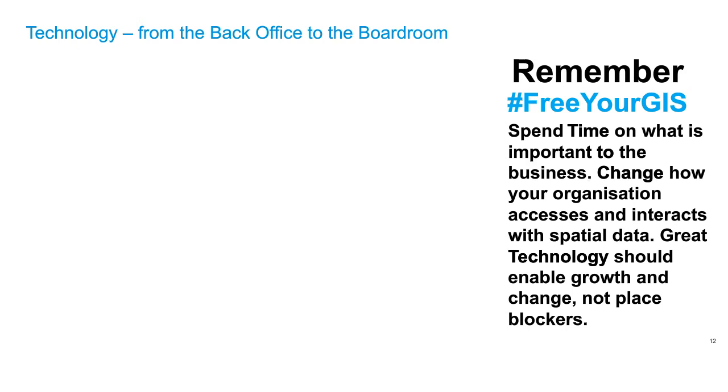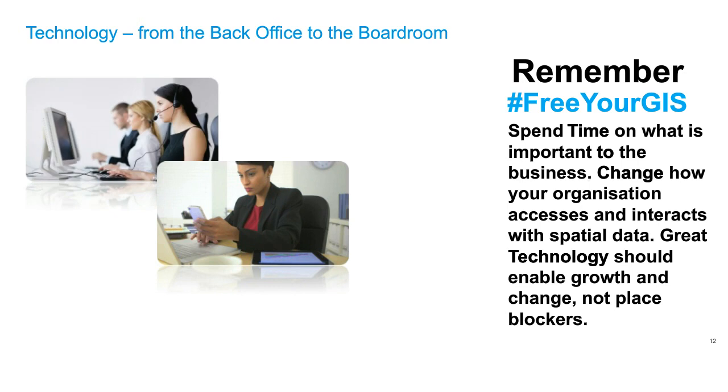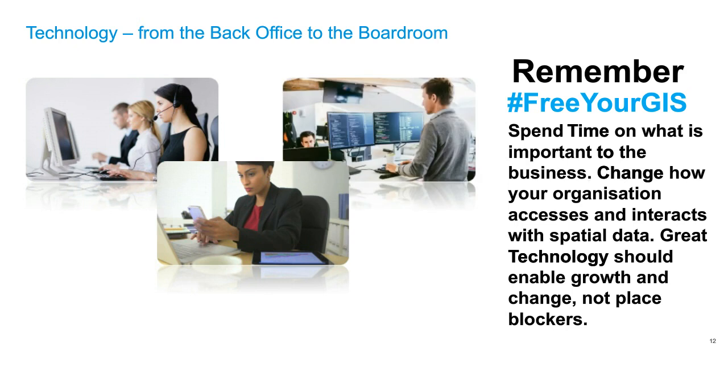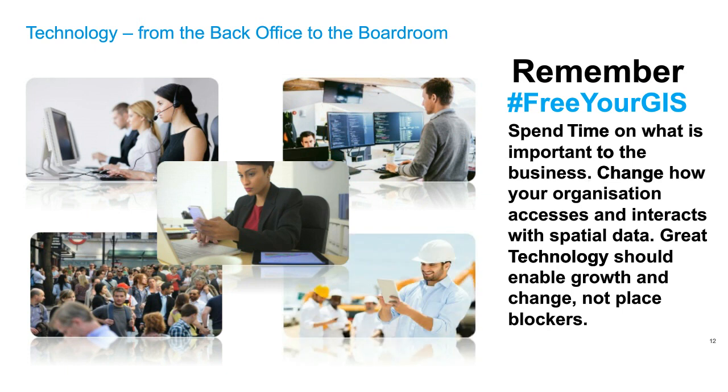Whether it's the CEO getting access to customer and sales data on his or her mobile presented as charts, or a CRM services and customer service representative seeing data relationship between customer complaints and deliveries, or giving the web developer the APIs to enhance the website or application, to a customer viewing the business data showing which roads will be resurfaced in the coming weeks, or the field worker accessing critical business data in the field. It's about giving the right people the right tools to enable them to self-serve.